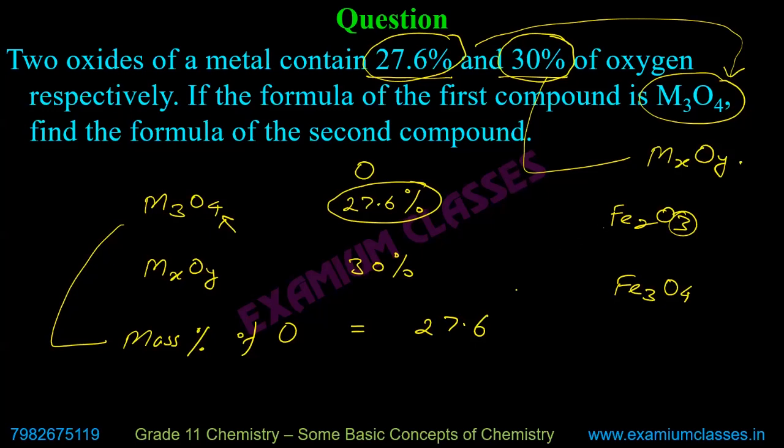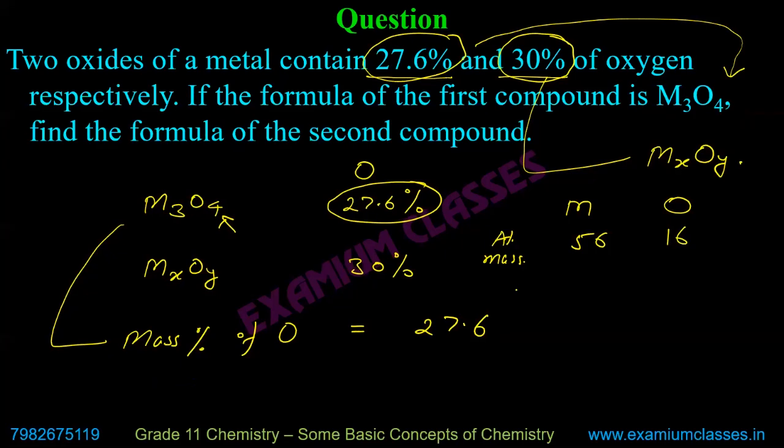The easier way is that you now know the metal and oxygen atomic masses, 56 and 16. And one very important point you need to remember: any compound, for example, Fe2O, Fe3O, because I know it is 56, it should be iron.